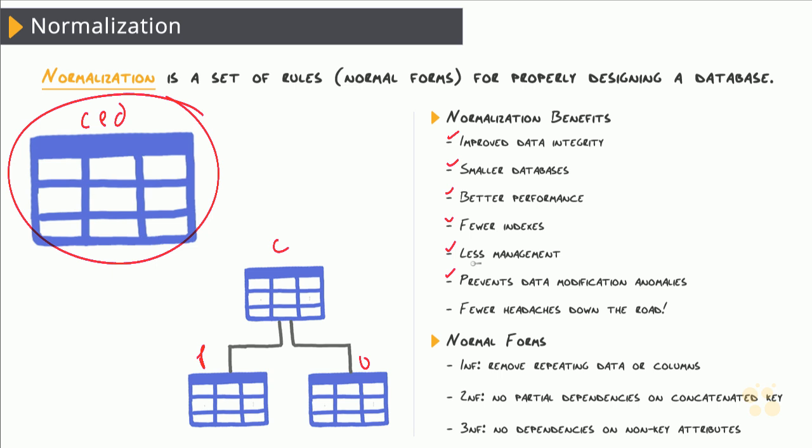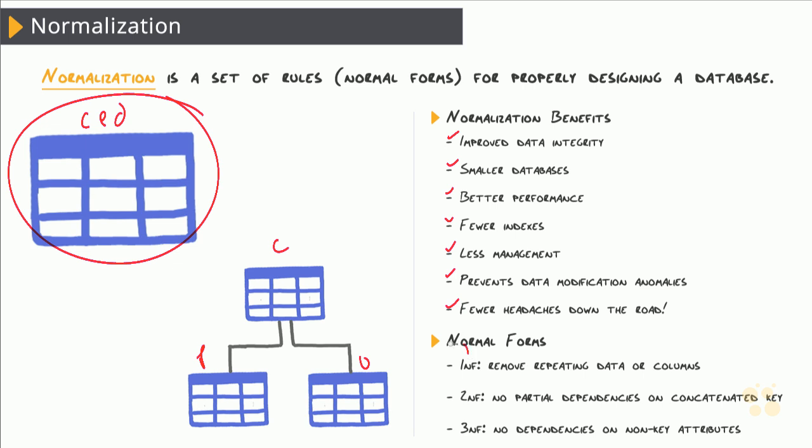We're going to need to change it in all the other places. So we want to make sure that we only store a piece of information in one spot. And we can still reference it from many places, but the actual value will be stored in one spot. So if we ever need to change it, we change it in one spot, and all the references automatically get those changes. And essentially, normalizing your database is going to result in much fewer headaches down the road.